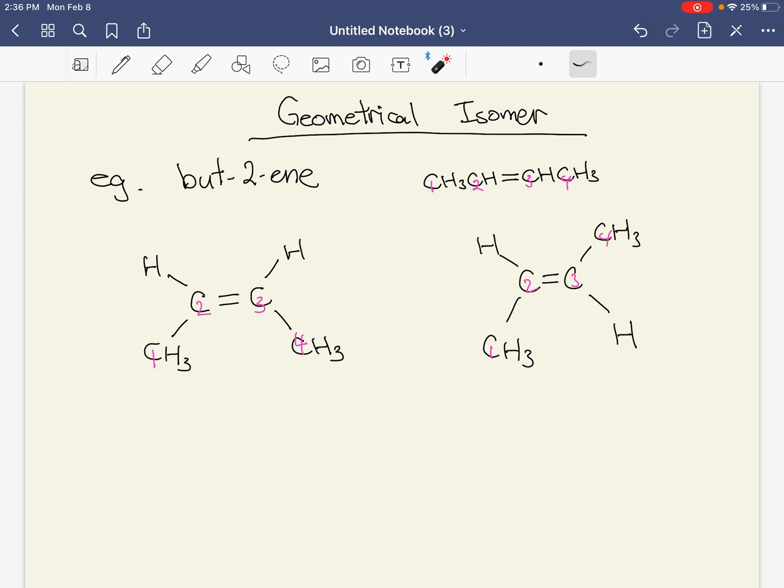So as a result, these guys are not really the same. Under a wider scope, they actually look different. In fact, they have different chemical properties because they have different physical properties. That's how crazy these geometrical isomers can be.